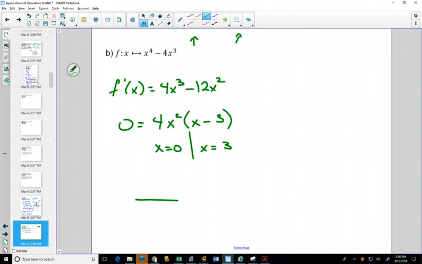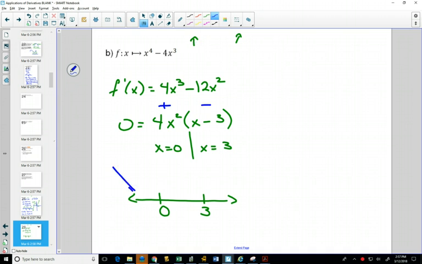Set up our sign diagram. Again, I'm going to check things by plugging into the factored form of my derivative. First of all, can you see that this part, 4x squared, will always be positive? So when I plug in a negative number, like negative 5, this will be negative.